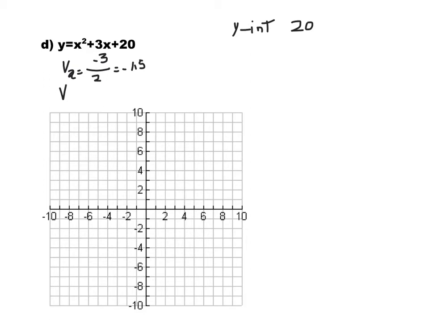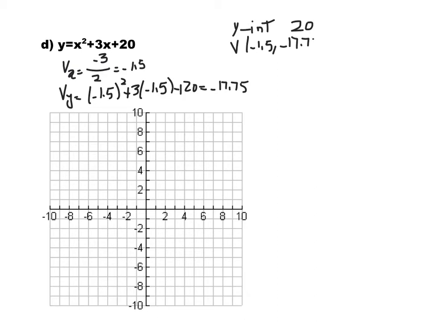To find the y-coordinate, I sub this one back in the equation, so I get negative 1.5 squared plus 3 times negative 1.5 plus 20. If you simplify this with your calculator, then you get negative 17.75. So the vertex is going to be at negative 1.5 and negative 17.75.